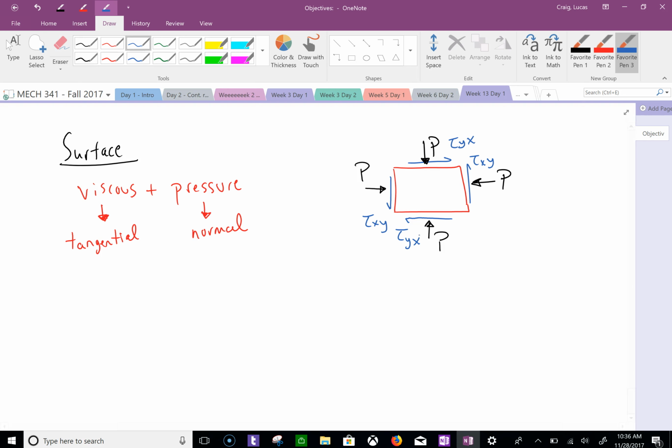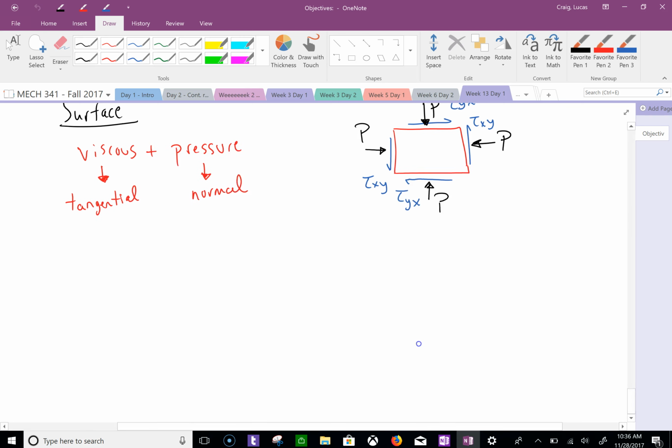So here's a 2D, and you have your pressures, which are normal, and then at each surface you have tangential.